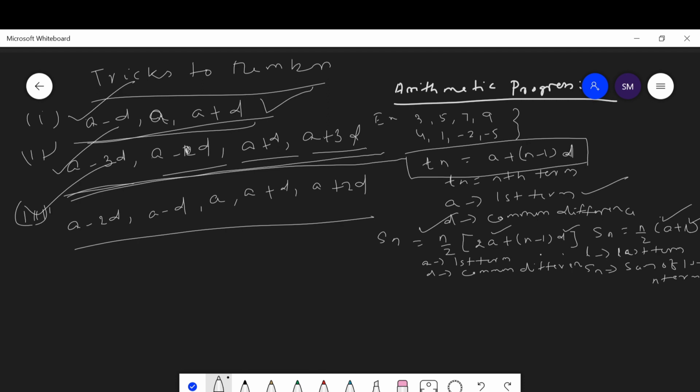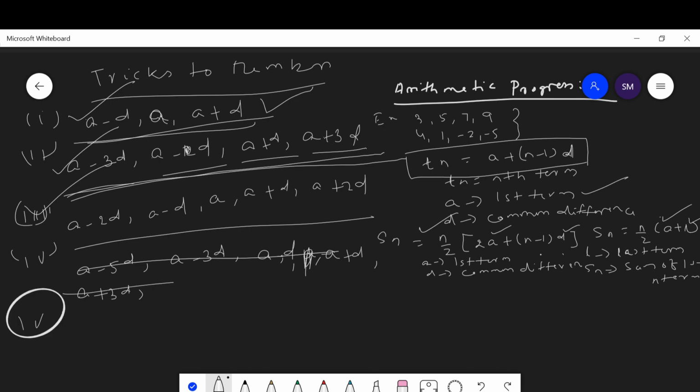Fourth trick: if you have to assume any 6 terms of an AP, then assume them as a minus 5d, a minus 3d, a minus d, a plus d, a plus 3d, and a plus 5d.